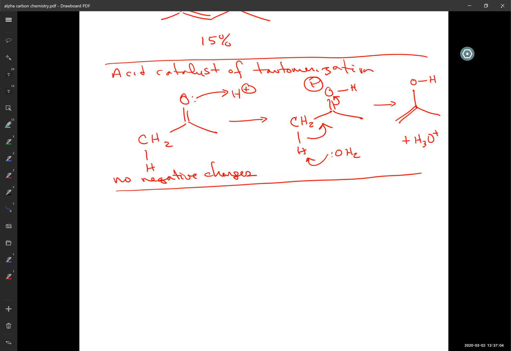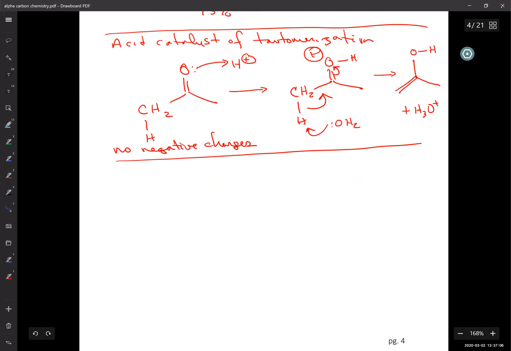Base catalysis can also take place. Okay. And then we, again, using acetone as the example, but it could be any aldehyde or ketone.